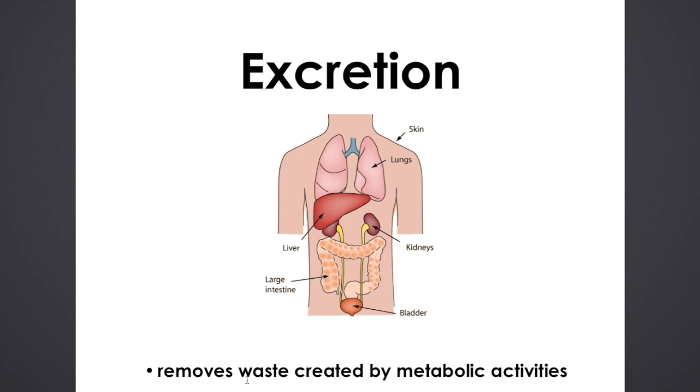So removing waste or getting rid of bad things or bad substances. We sometimes don't think of this example, but excretion can also mean excreting carbon dioxide. So you inhale, breathe in oxygen, and you remove carbon dioxide.